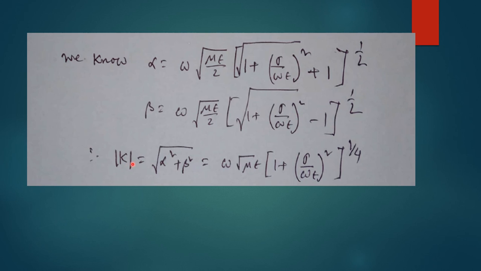And mod k is equal to root of alpha square plus beta square, that is equal to, after simplifying, we find, root of mu epsilon into (1 plus (sigma by omega epsilon) square) to the power 1 by 4.